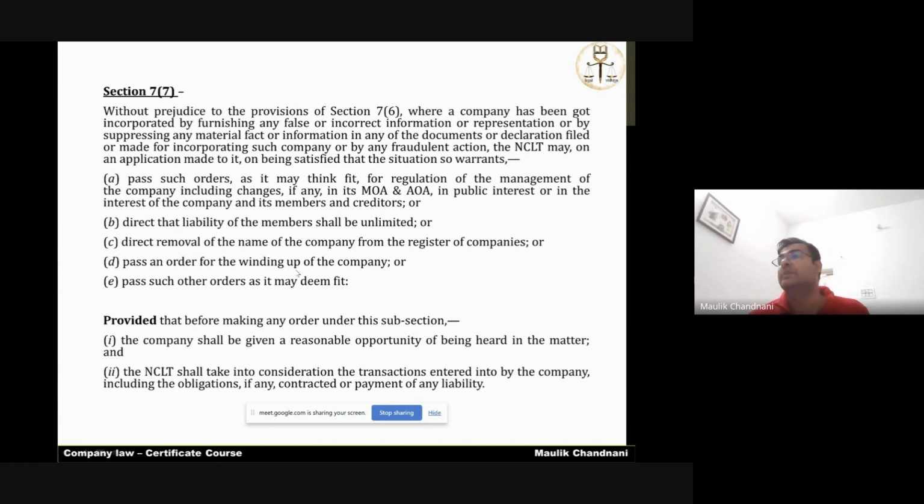There is a difference between the order of winding up and the order of removal of name. If your company does not have any sufficient assets or liabilities, then the ROC can straight away direct the striking off of the name of the company. But if you have various assets and liabilities, then the formal procedure of winding up shall be undertaken. What is the formal procedure of winding up?